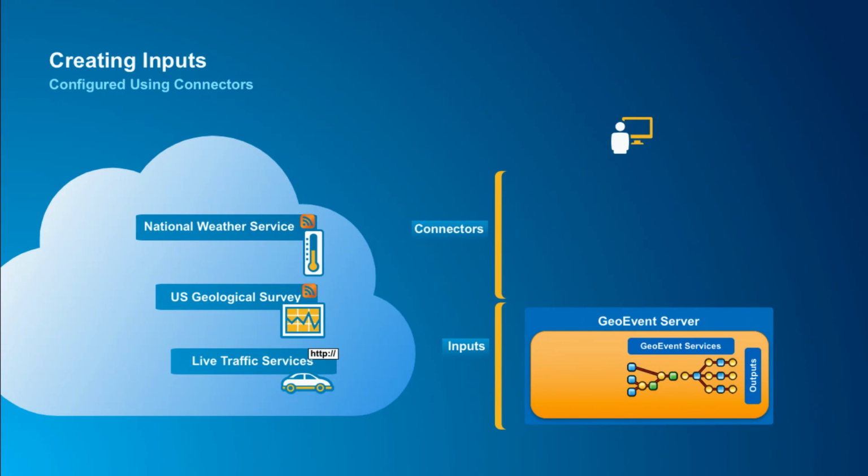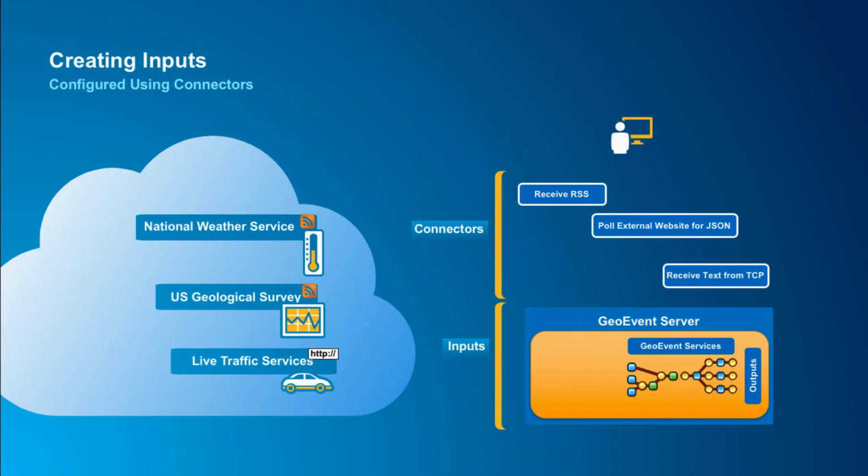Here's how it looks architecturally. The user wants to connect GeoEvent to a number of feeds on the internet, such as National Weather Service, USGS, live traffic. He looks at the list of available inbound connectors. He sees a receive RSS connector, a pull external website for JSON connector, and a receive text from TCP connector.